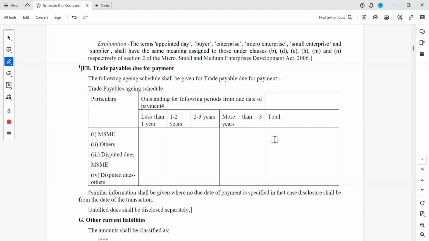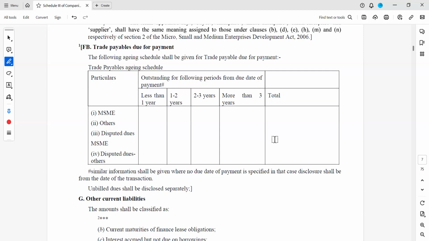See, your accounting software should facilitate this report. You will not sit and calculate. Even for MSME, how will you classify? You cannot keep an Excel tracker; when you are preparing the financials, you take a list of who are MSME vendors and identify them.